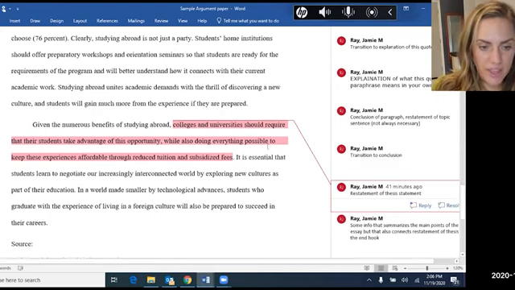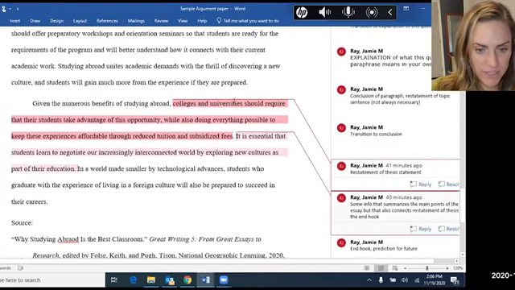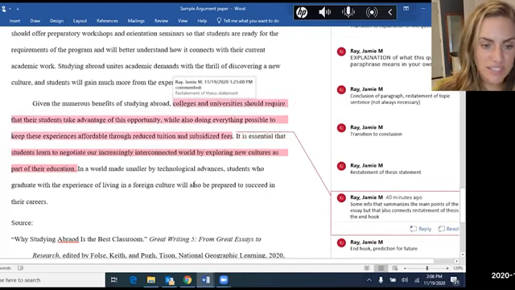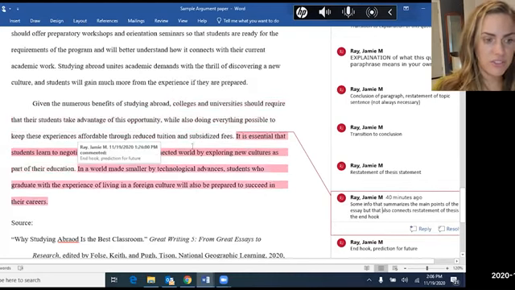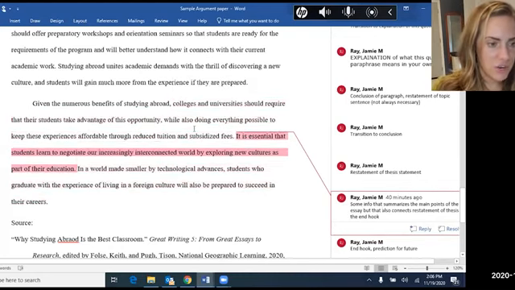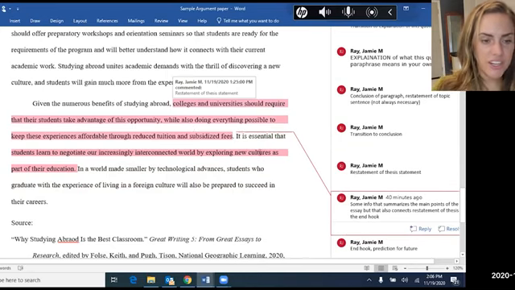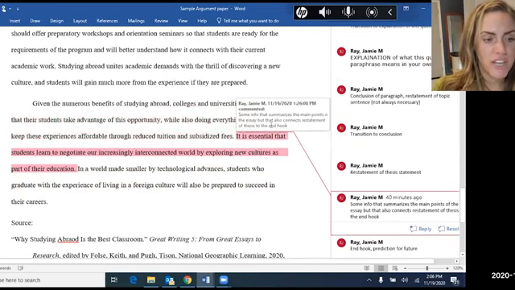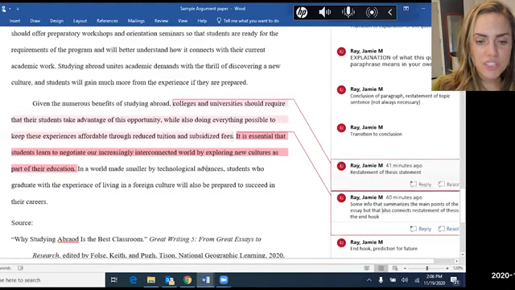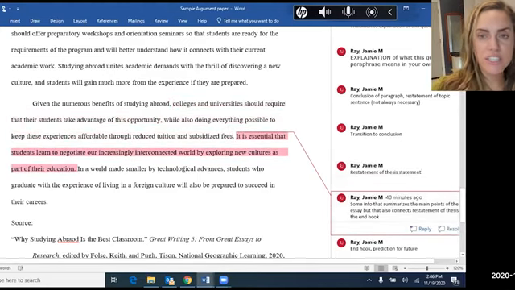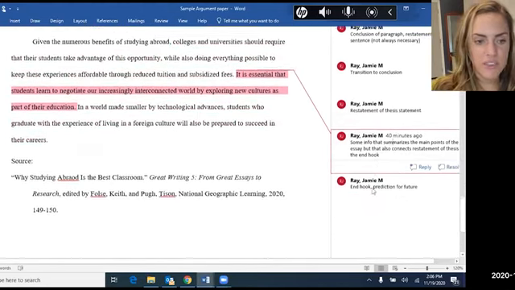And then the next part is, "it is essential that students learn to negotiate our increasingly interconnected world by exploring new cultures as part of their education." So these two parts right here have basically just summarized the main points of the essay.